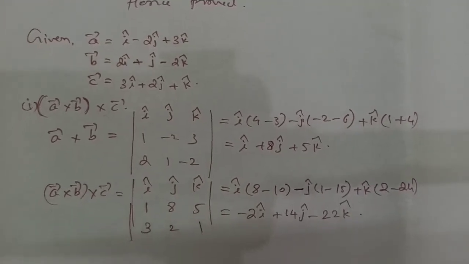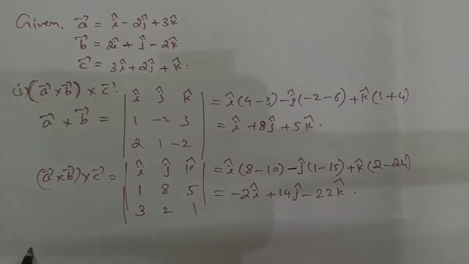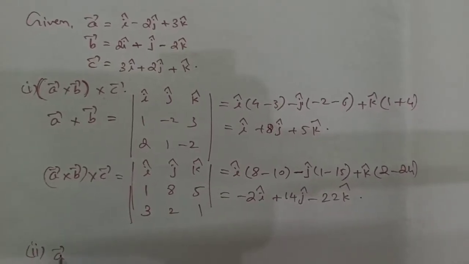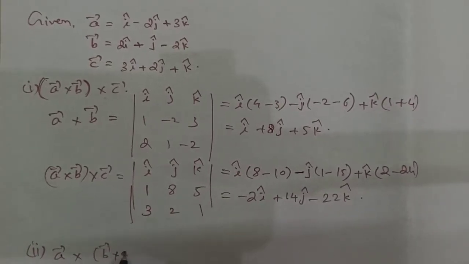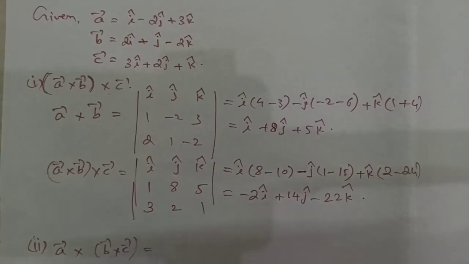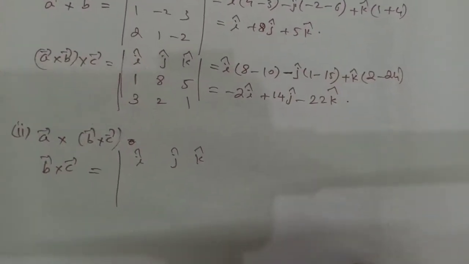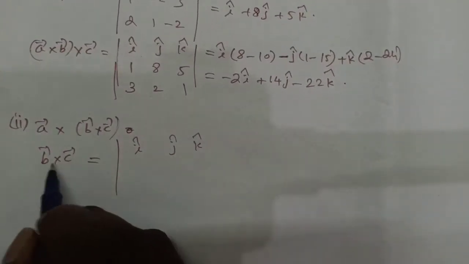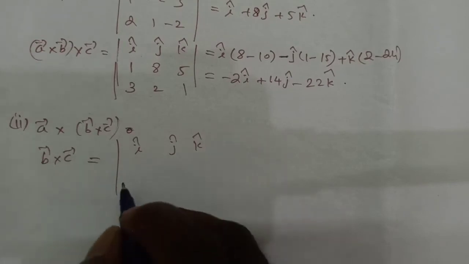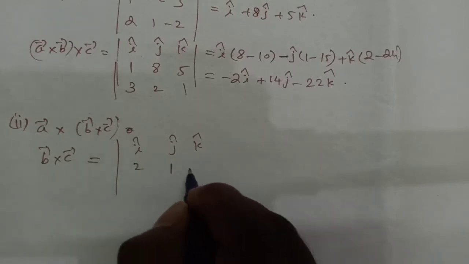Okay, so now the second one. Let me find the second one, that is a vector cross b vector cross c vector. Okay, this is the second result. So first we have to find b vector cross c vector, that is equal to the determinant of i cap, j cap, k cap. In the second row the entries are the b vector values, that is 2, 1, minus 2.